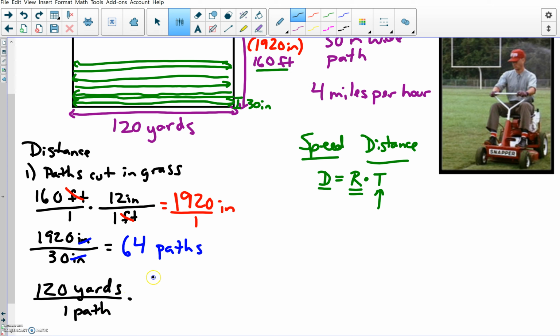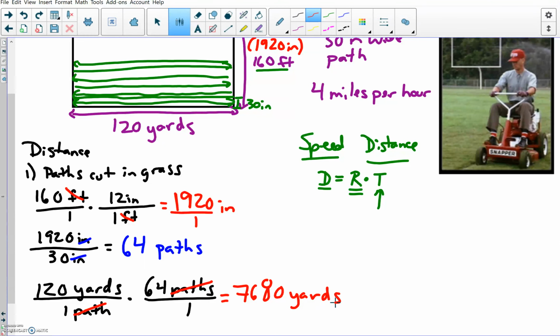And then I can multiply that by 64 paths, right, over 1. So you can pretty much always use dimensional analysis. If there's not units there right now, you can always add units on there. So 120 times the 64 paths would get you 7,680. And this would be measurement in yards.